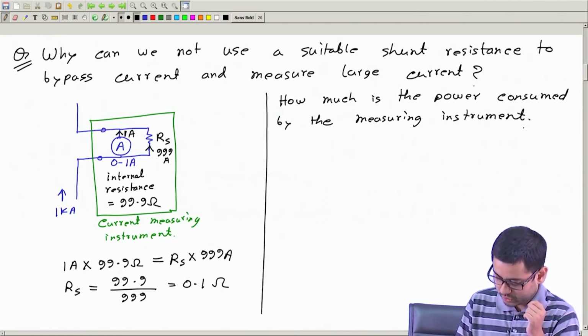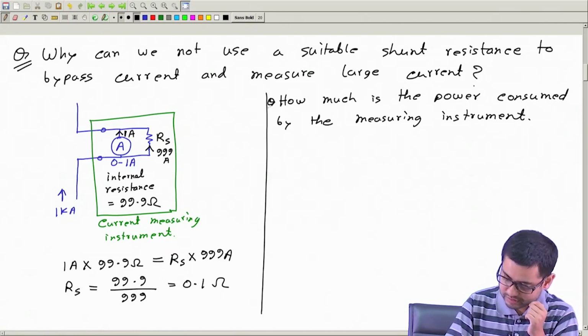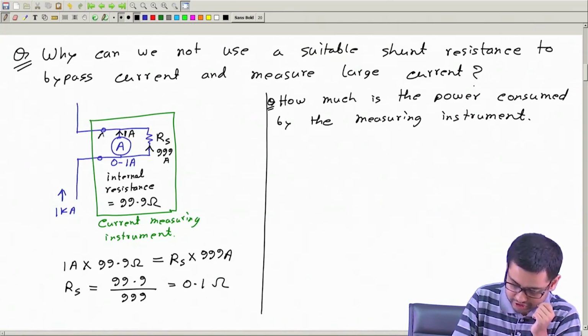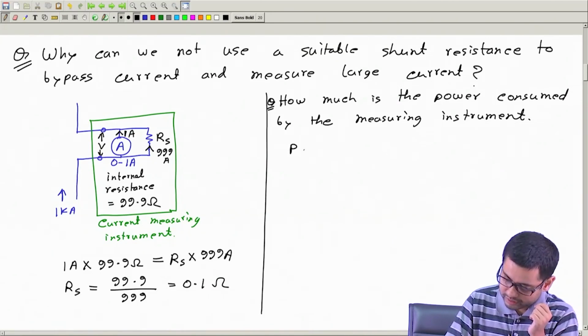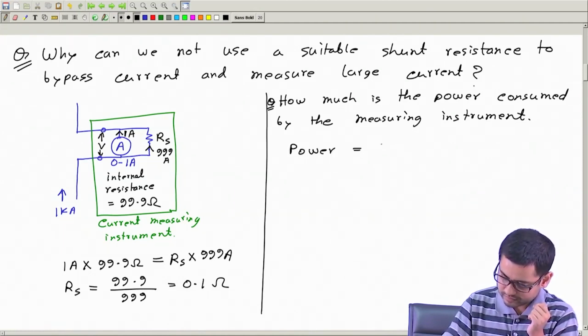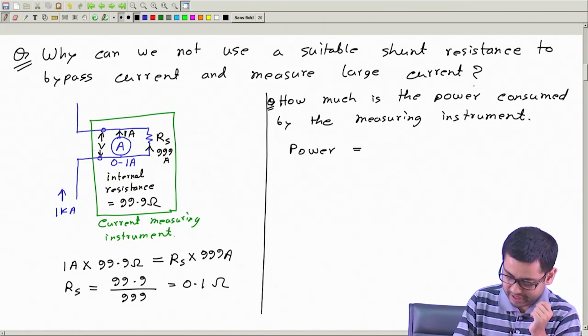Okay, so the power consumed by the measuring instrument will be how much? It will be this voltage multiplied by the current. If I call this voltage V, then power will be the product of V and this current, assuming these are RMS values.